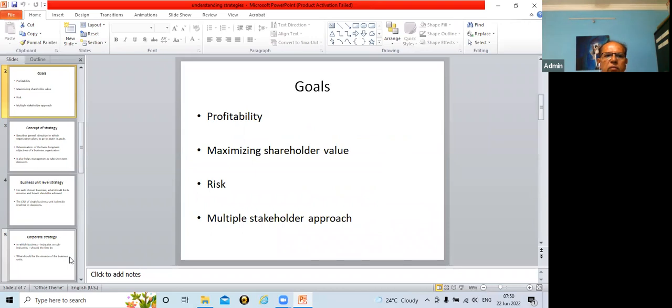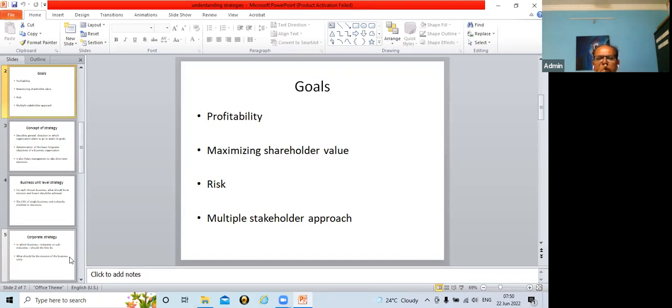Then, beginning with this session, we learned what types of goals enterprises generally have, except non-profit organizations, because non-profit organizations are not meant for profitability. Non-profit organizations are meant for no profit, no loss.